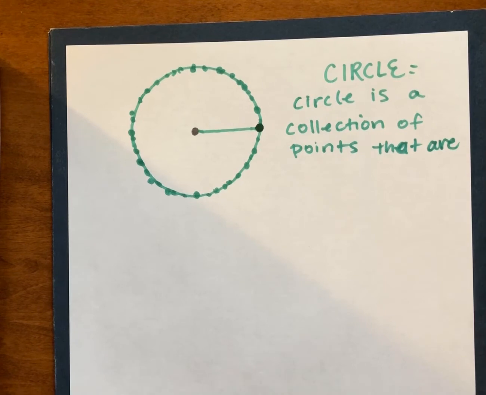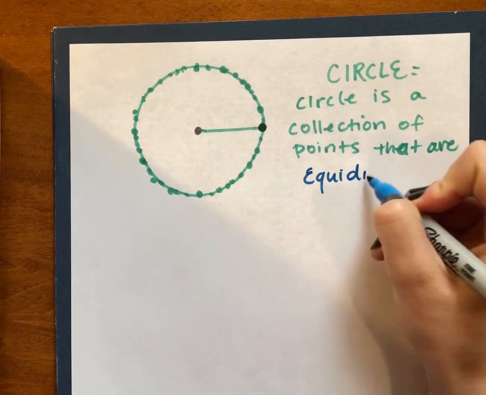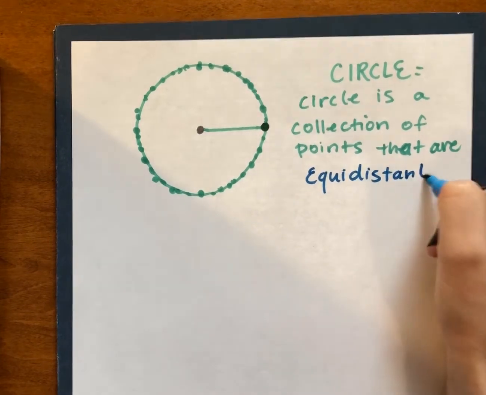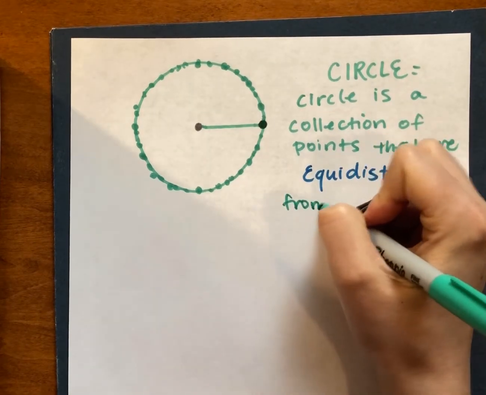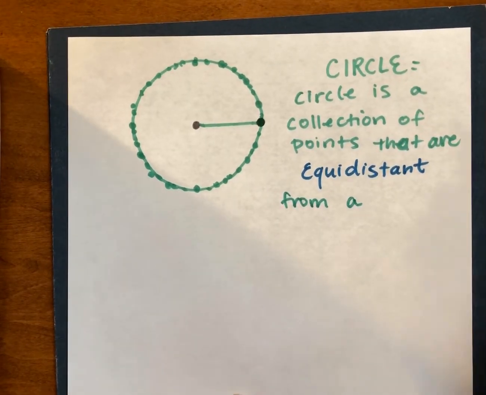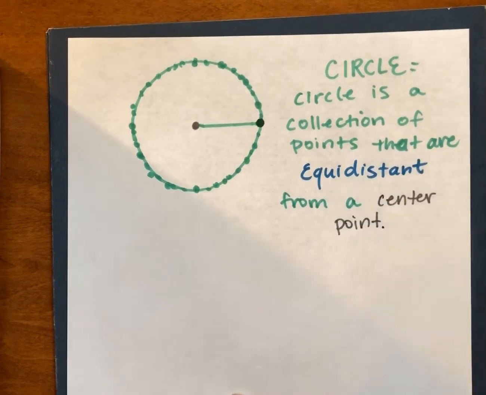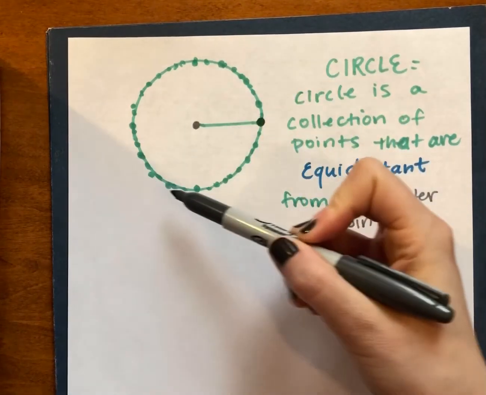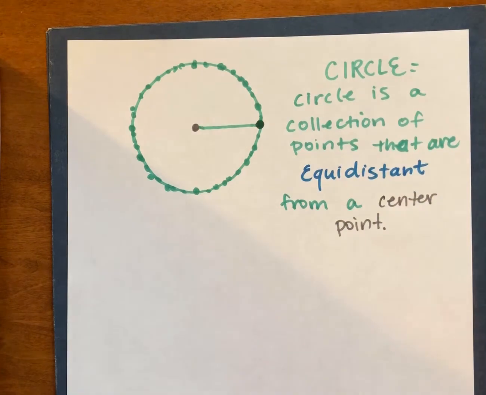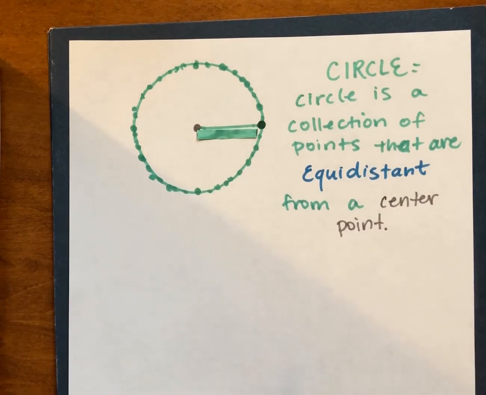In math, we use the word equidistant to mean same distance. So this is what a circle is. A collection of points all the way around that are the same distance, this green distance we used at the beginning, from the center point.